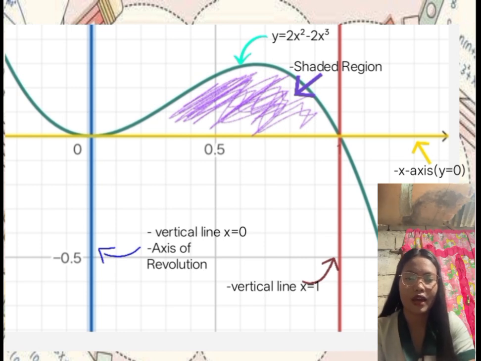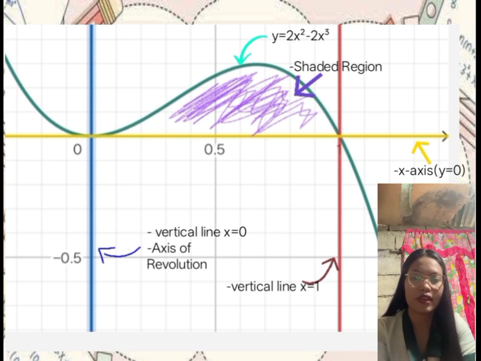We also have the yellow horizontal line or the x-axis, which means that in every x, y is equal to 0, and the red vertical line, which is x is equal to 1, and the other vertical line in color blue is x is equal to 0, which is also our axis of revolution, and the shaded region is in color violet. So if we rotate it around the y-axis, we will generate this figure.